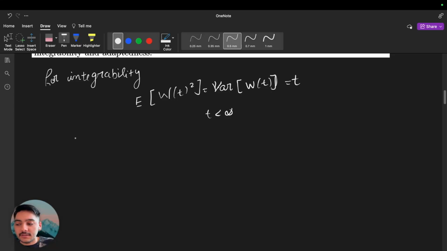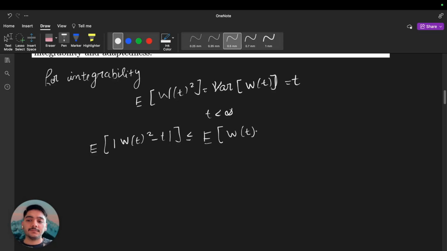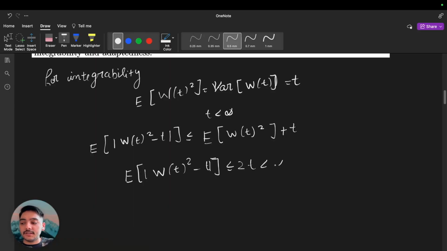So the bounding will be done for this: the expectation of the absolute value of Wt² minus t is less than or equal to the expectation of Wt² plus t, and the expectation of the absolute value of Wt² minus t is less than or equal to 2t, which is less than infinity.